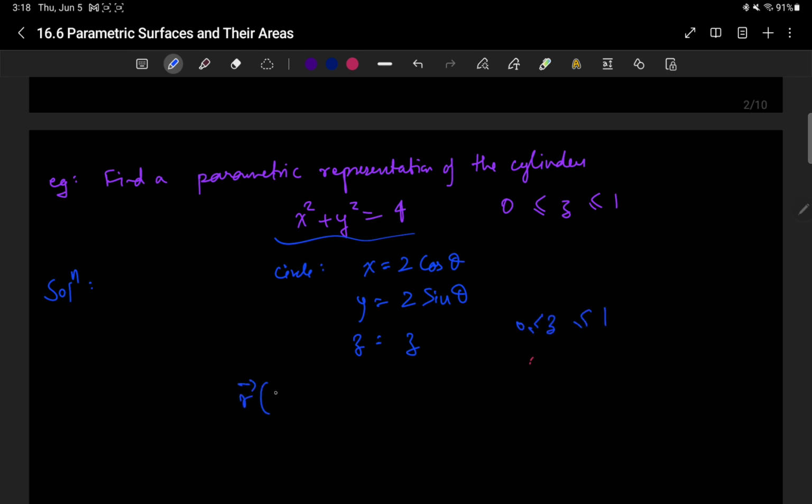So the role of u and v would be played by theta and z, and we would write this as 2 cosine theta i cap plus 2 sine theta j cap plus z k cap.